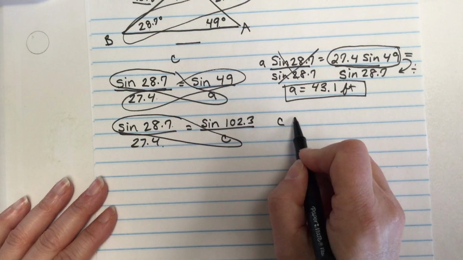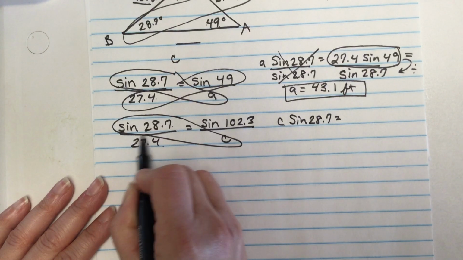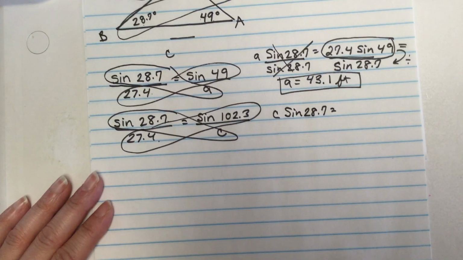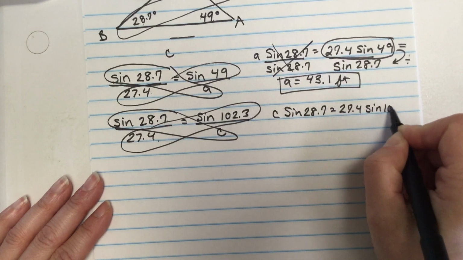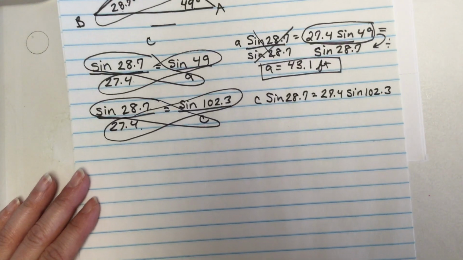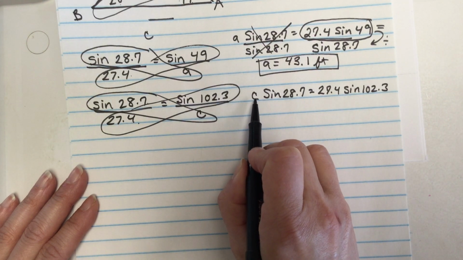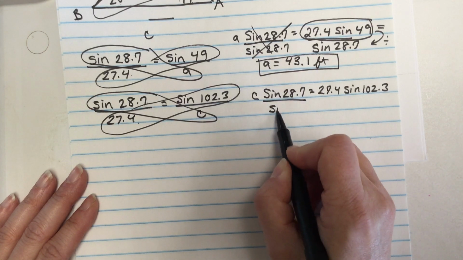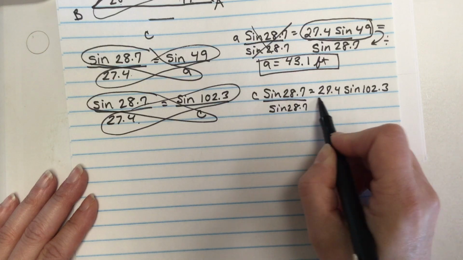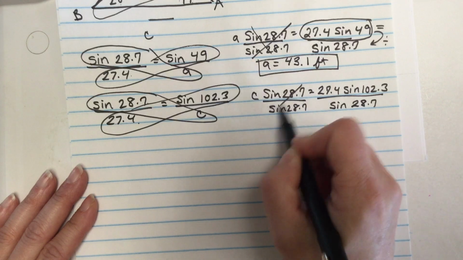I have C times the sine of 28.7 equals, cross multiply, 27.4 times the sine of 102.3. Now to solve for C, this is C times the sine of 28.7. So in order to undo multiplication, you have to divide. So divide by the sine of 28.7.